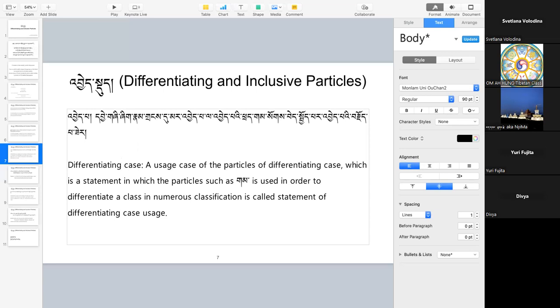Therefore, we will strongly stick to the understanding that it is the statement that influences the particle and not the other way around. So in this case, the very nature of the statement is differentiating. It differentiates names, and the particles are used in order to differentiate, to classify.